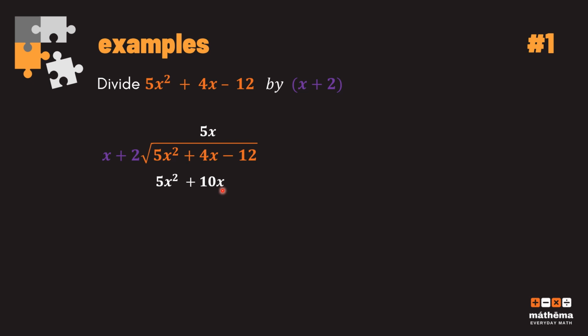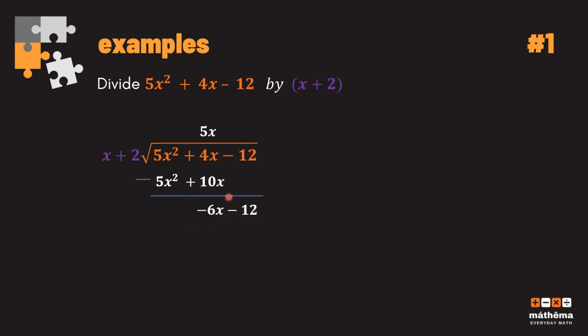And the same as earlier, we are going to subtract. 5x squared minus 5x squared is 0. No need to write. 4x, this is negative, this is positive. Negative times positive is negative, so this will become 4x minus 10x will give us negative 6x, and then bring down negative 12.